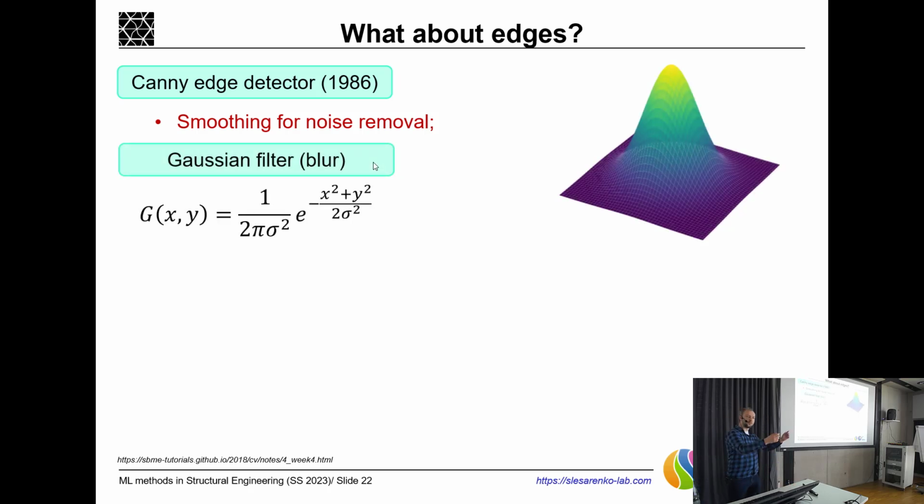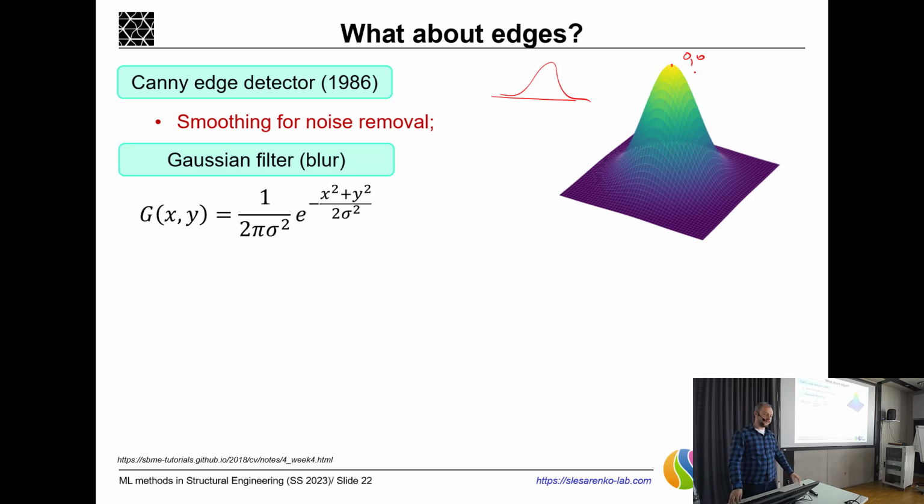You are probably familiar from signal processing and other fields with the very famous Gaussian distribution. Sometimes you see it in 1D, and in 1D, of course, it looks something like that, but it can also be formulated in 2D, and in this case, it will be defined by this equation, and you have the maximum at the point 0, 0, and it gradually goes to 0 around.